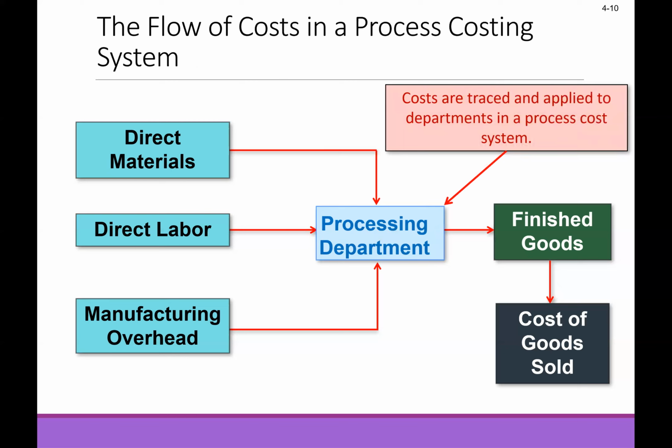But under the process system, we're going to trace these direct materials, direct labor, and manufacturing overhead to each department. Okay? Because it's one huge product that continues forever and ever. The costs are going to flow to department because the job is the same continuously.